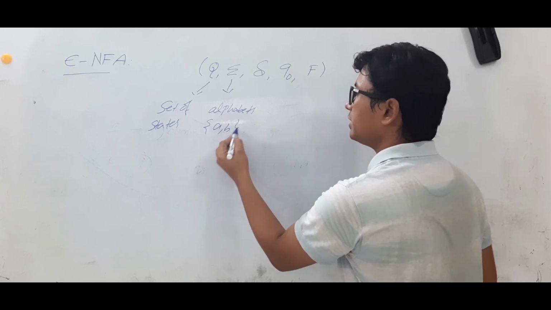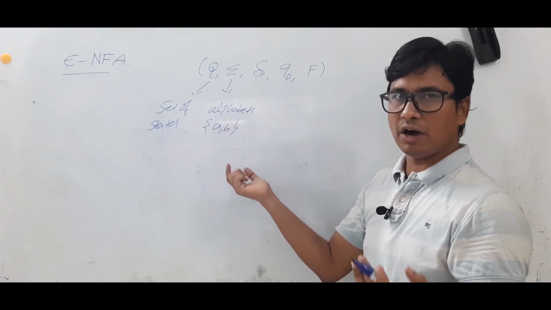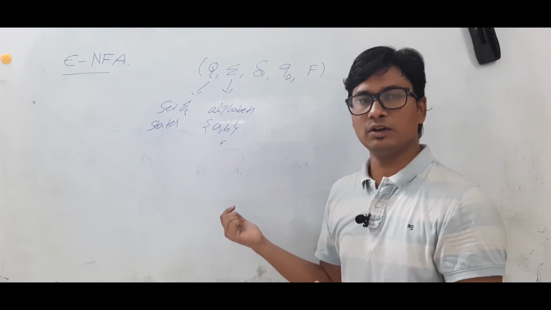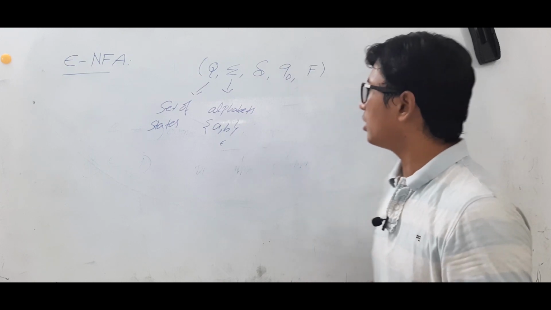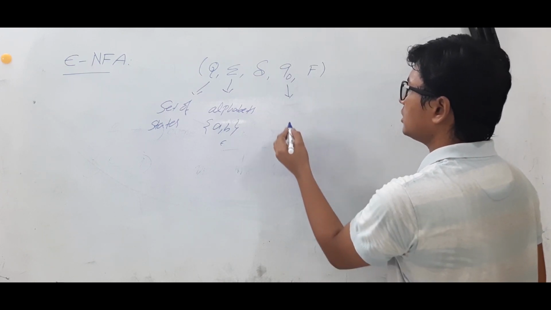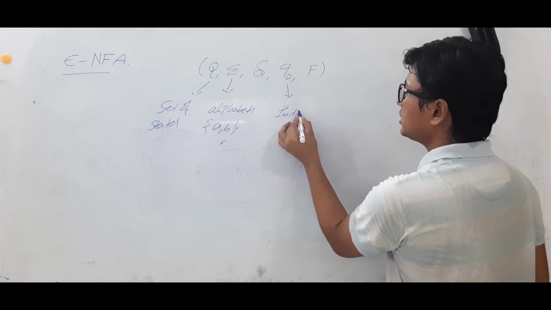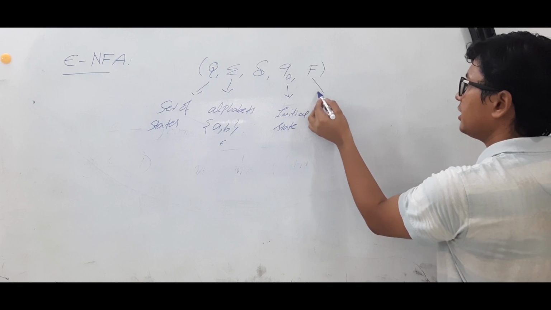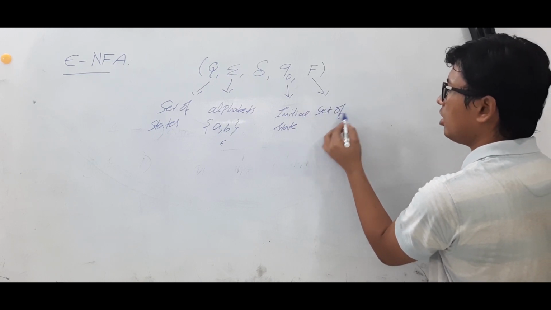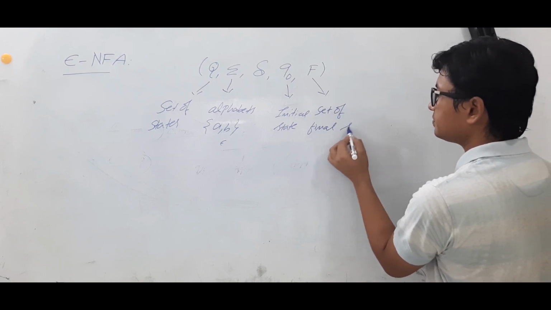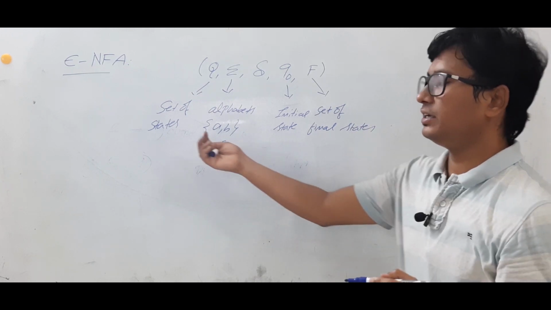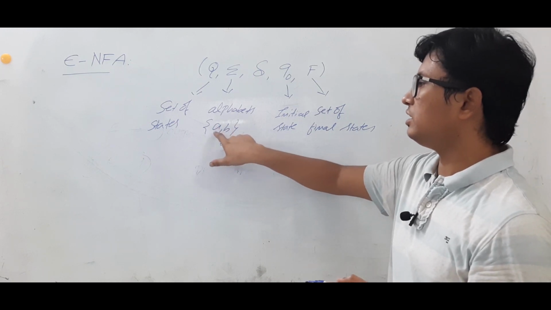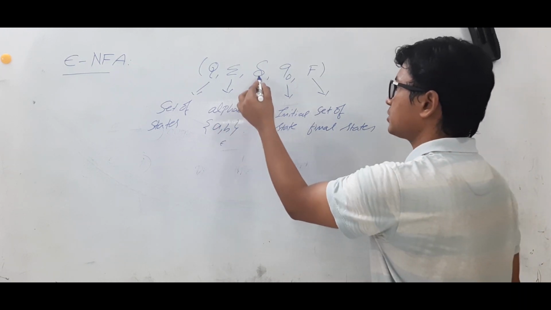Is it clear? Till now you have alphabets A, B. Here if you have alphabets A, B, always an extra alphabet will be there, epsilon. If it is 0, 1 also, you will have an extra alphabet called epsilon. And Q naught is your initial state. Only one initial state is possible. And F is the set of final states. All these things we have already discussed. The same is valid for NFA, DFA also, and even for the Epsilon NFA. But the only difference is that you can have an alphabet called epsilon also.